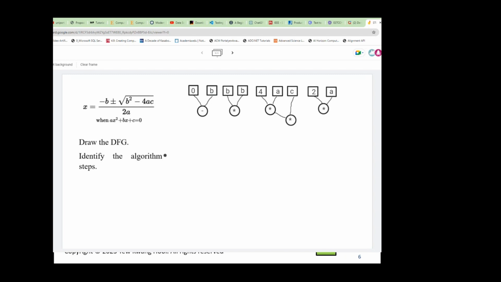Okay, so anything else I left out? Okay, negative B, I got it covered here. B square, I covered here. 4AC, I got it covered here. And then 2A, I got it covered here.